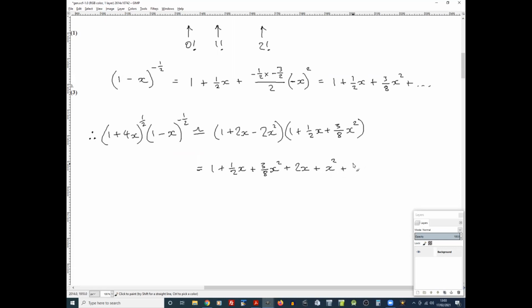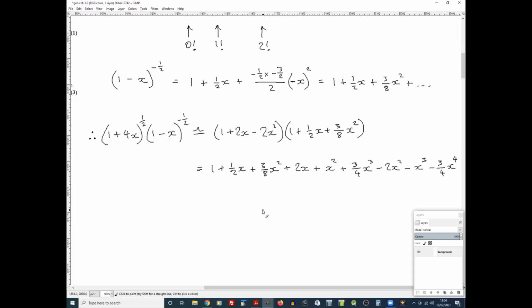More simply? 3/4 x cubed. Careful. Good. Minus 2x squared. Yeah. Minus x cubed. And minus 3/4 x to the 4.